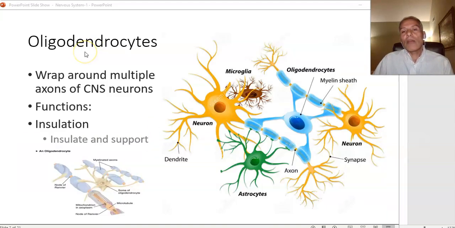So then we have another kind, which is number 3, another kind of glial cells, and that is the oligodendrocyte. Oligo comes from the term for a molecule of sugar. Dendro means branch, and cyte is cell.